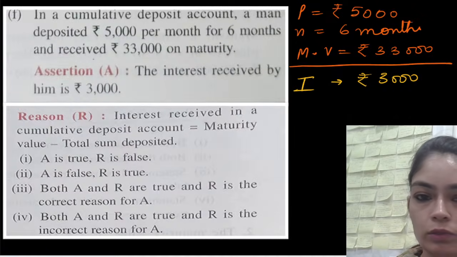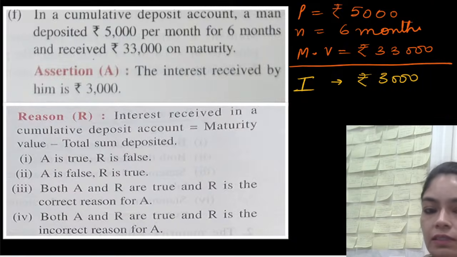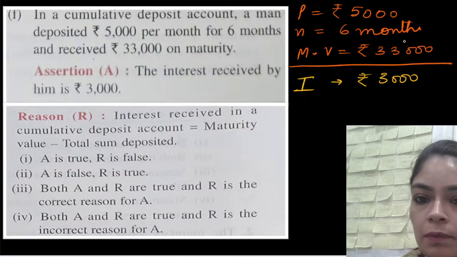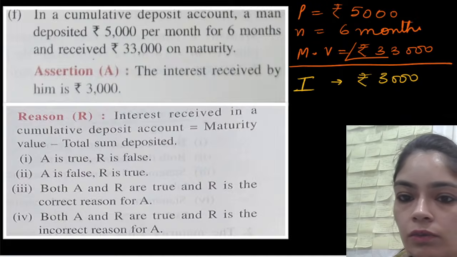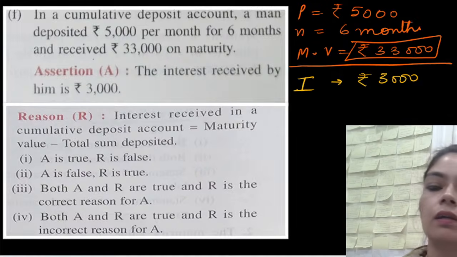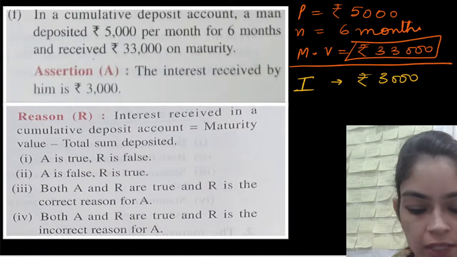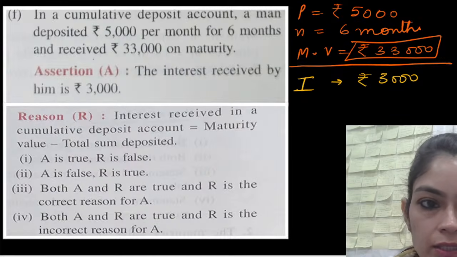Bhumika is telling we can use MB's formula to find interest. Since MB is given to us, it's understood that we have to use MB's formula to find interest. Yes, so the interest will be 3,000, right? I can show you here. So MB is here.